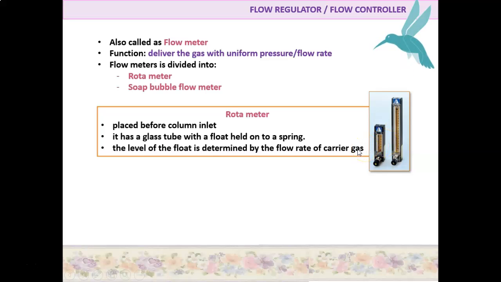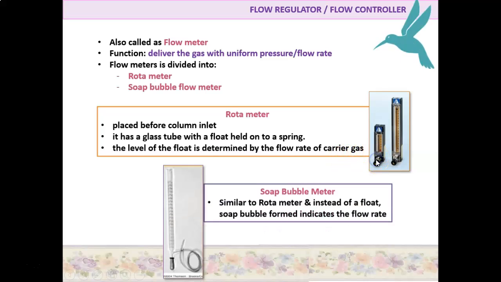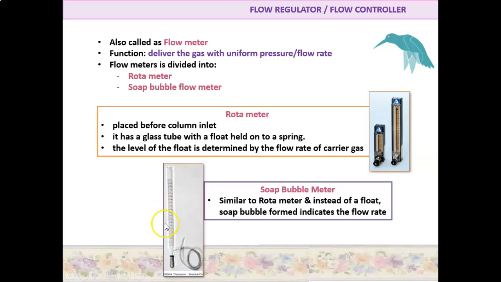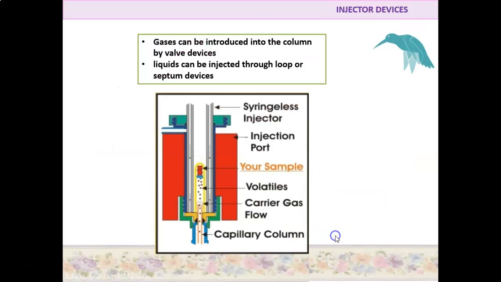It has a glass tube with a float held on a spring. The level of the float is determined by the flow rate of the carrier gas. And this one is the soap bubble meter. Similar to the rotameter, instead of a float, soap bubble formation indicates the flow rate. So the gases can be introduced into the column by both devices.